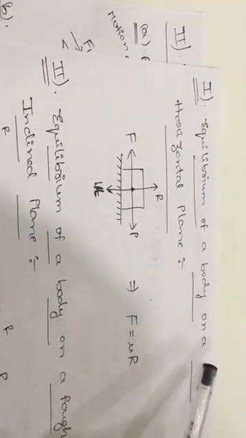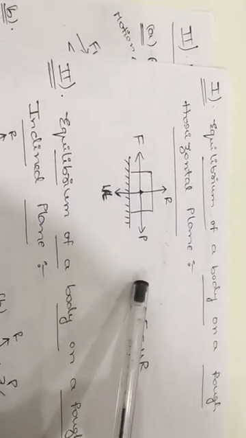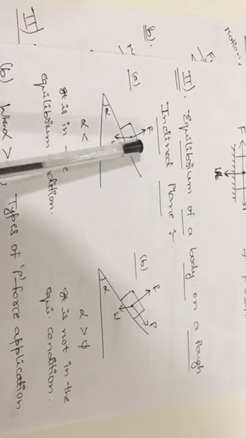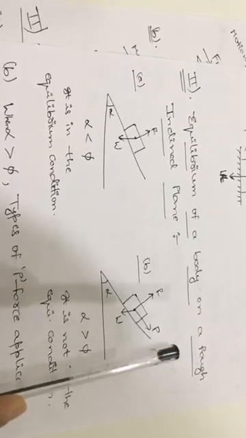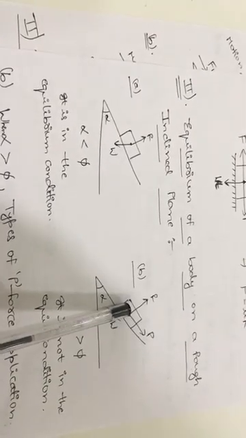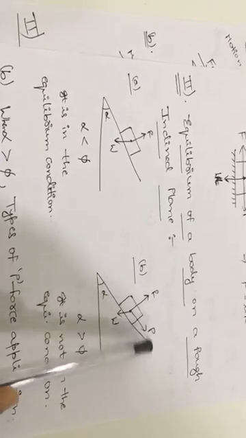Once again, the first type is equilibrium of a body on a rough horizontal plane. The second type is equilibrium of a body on a rough inclined plane. In this type we again have two types. If alpha is less than phi, that body will be in the equilibrium condition. If alpha is greater than phi, it will not be in the equilibrium condition, so we need to get the body back into the equilibrium condition by adding this P force in the upward direction.